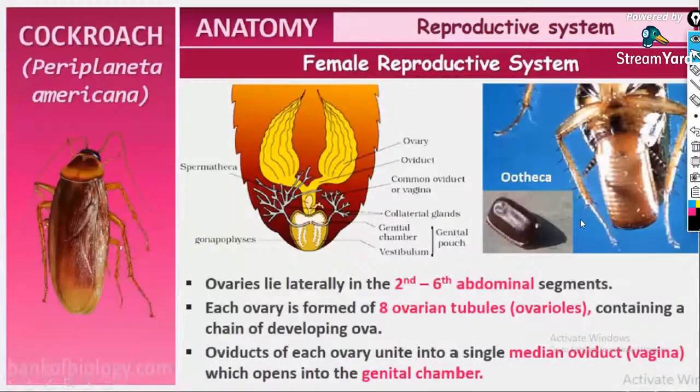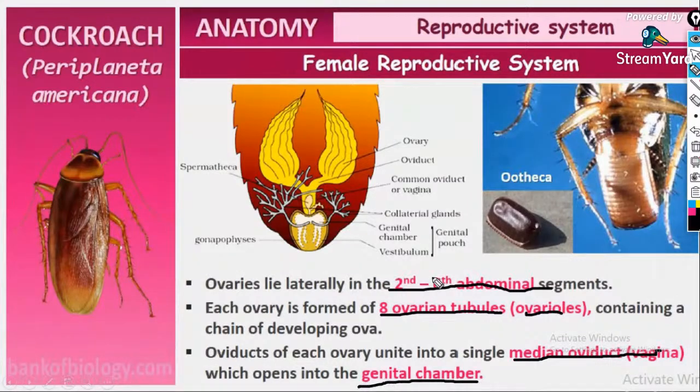The ovaries lie laterally in the second to sixth abdominal segments. They are formed of 8 ovarian tubules, or ovarioles, containing a chain of developing ova. The oviducts of each ovary unite into a single median oviduct, known as the vagina, and that opens into the genital chamber.